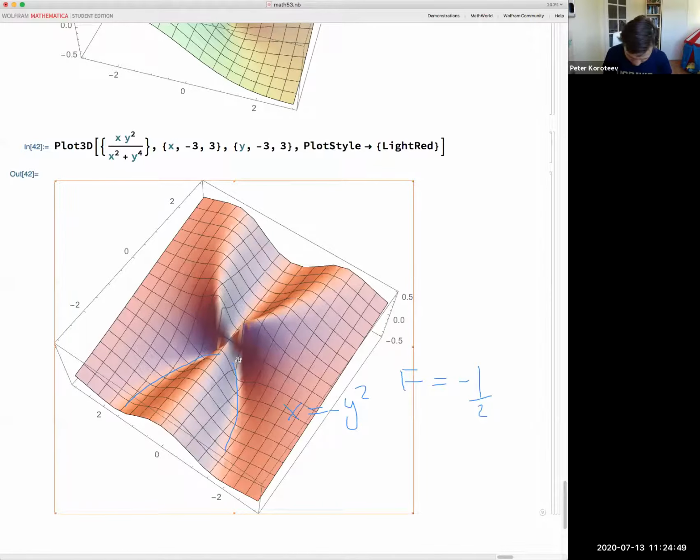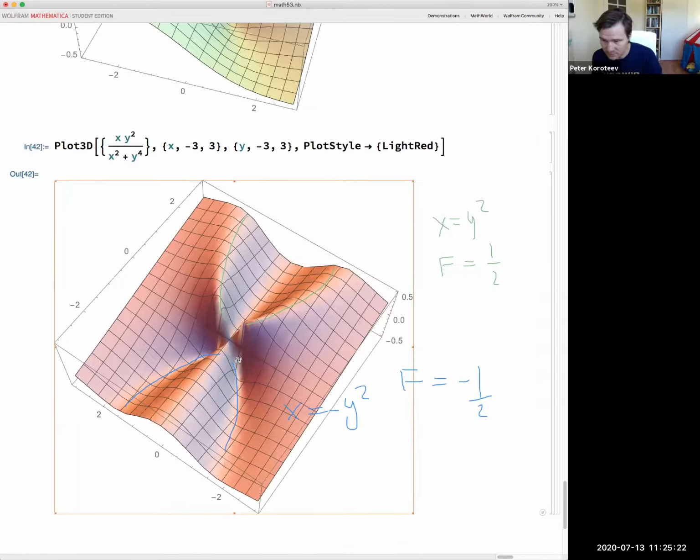And then if you take the top parabola, when we pick x equals y squared, then the function is equal to plus 1/2. Okay, so there is a discontinuity.